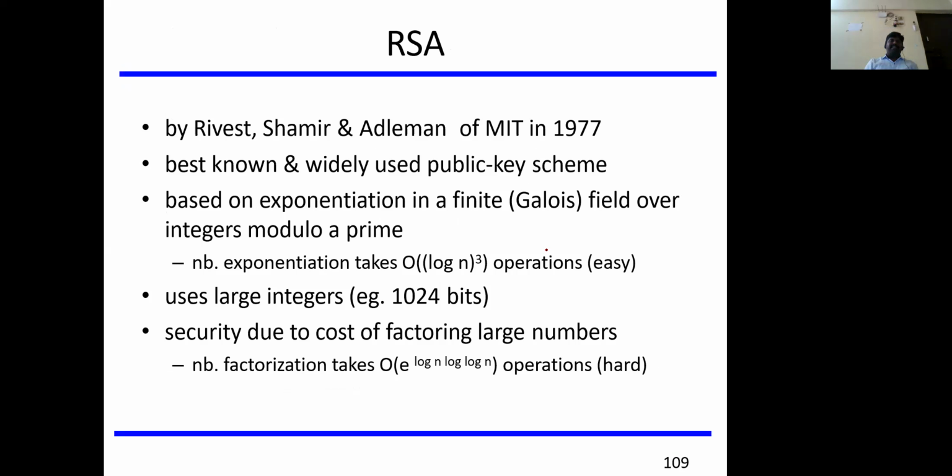This is an algorithm which was proposed by three authors, Rivest, Shamir and Adleman. The first letters of all three authors form RSA, so this is an abbreviation for RSA.